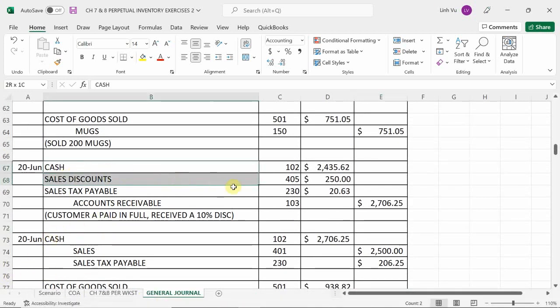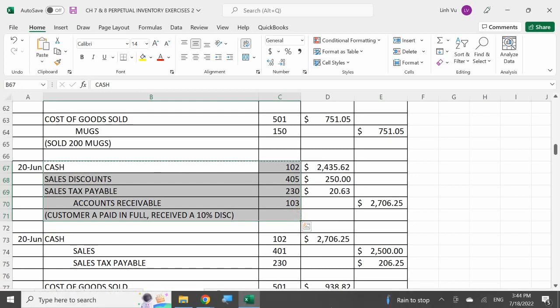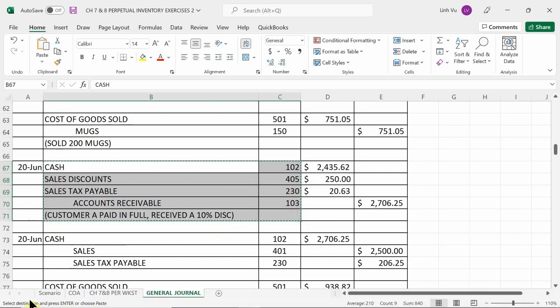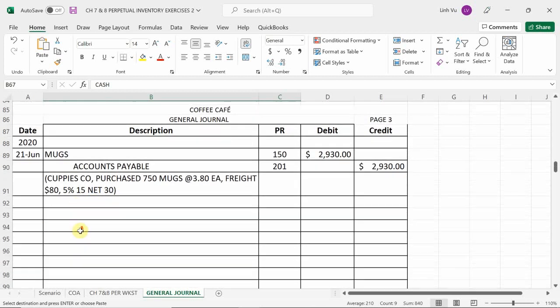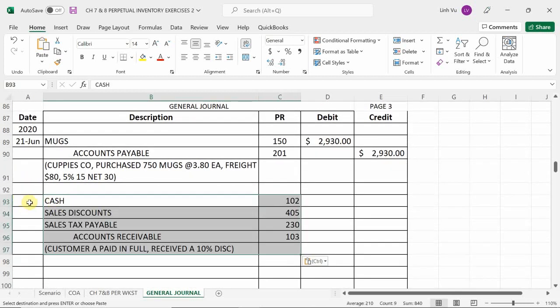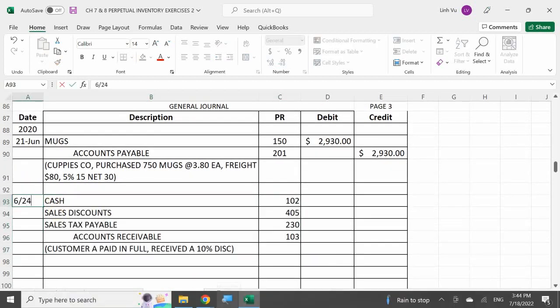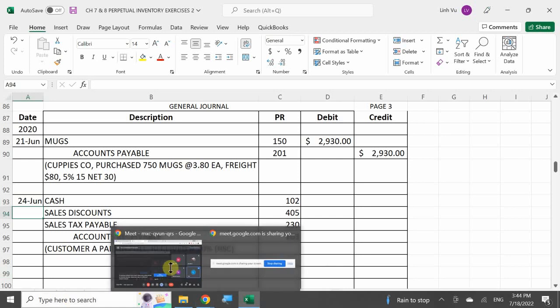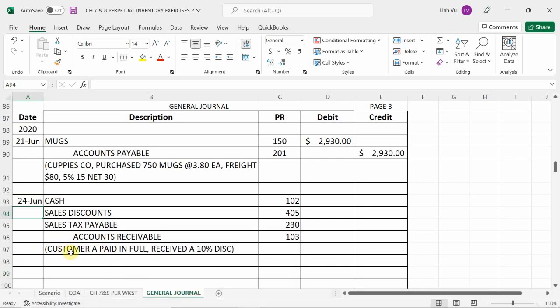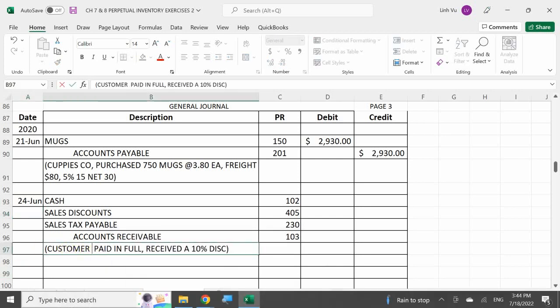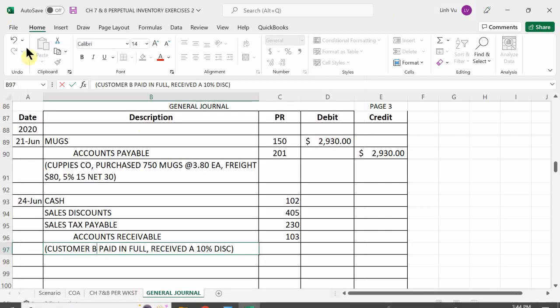So I'm going to copy the transaction from customer A and paste it here because this is what is happening on June 24th. Customer B this time is making a payment. So customer B paid in full and is receiving the 10% discount.